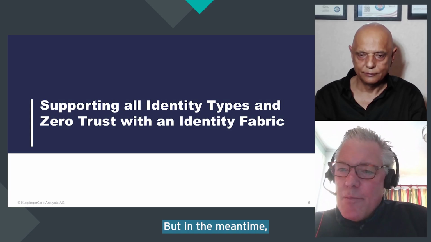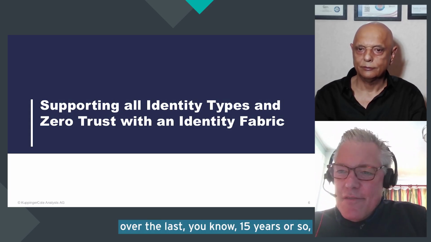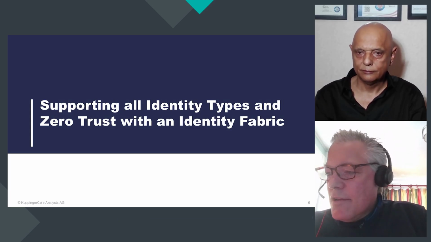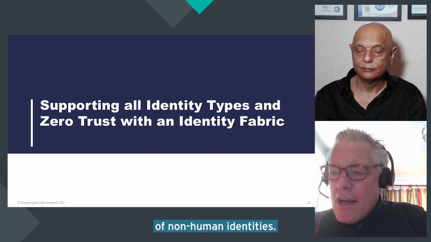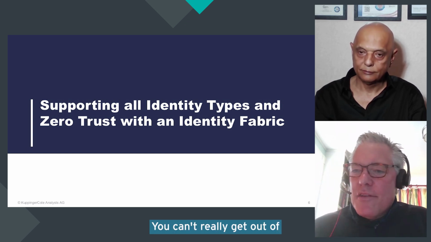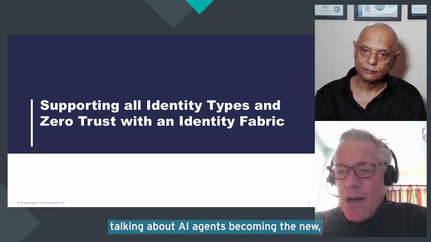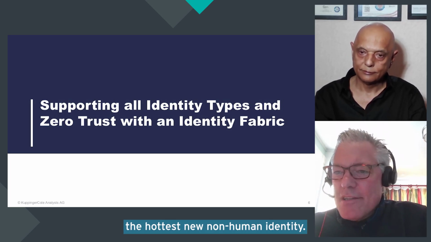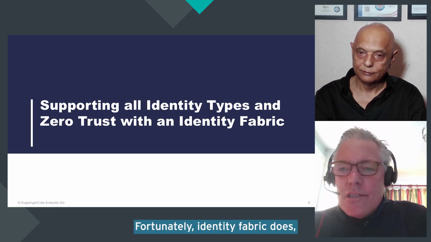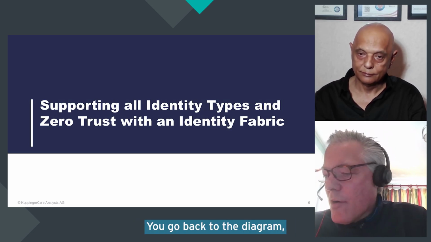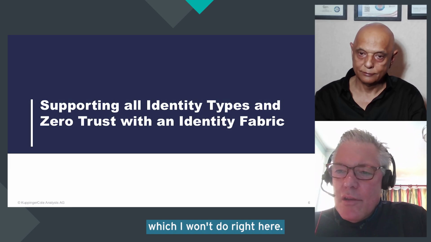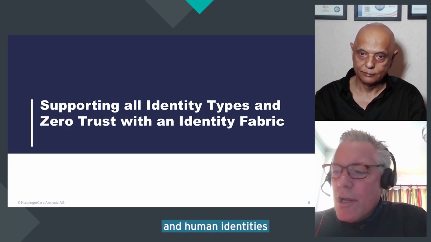But in the meantime, over the last 15 years or so, there's been an explosion of non-human identities. So you can't really get out of this conversation without talking about AI agents becoming the hottest new non-human identity. Fortunately, the identity fabric does address that. If you go back to the diagram, which I won't do right here, non-human identities and human identities are all part of the equation.